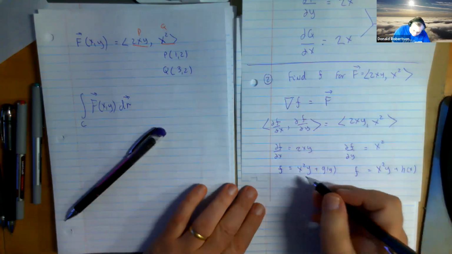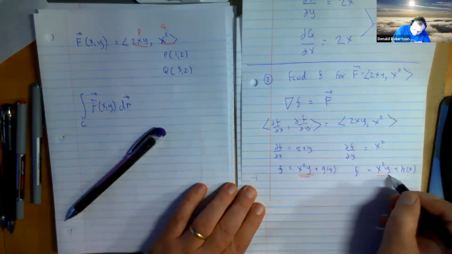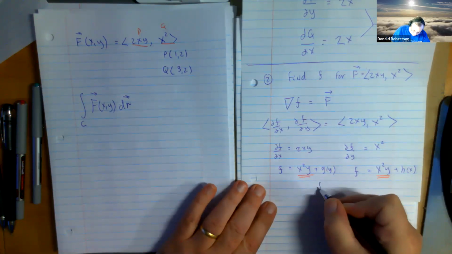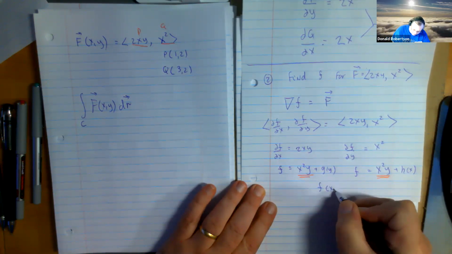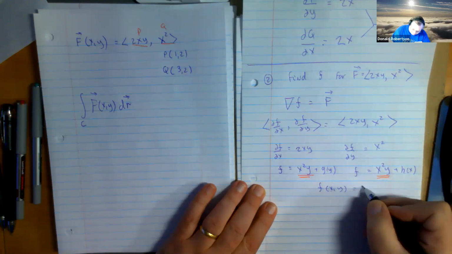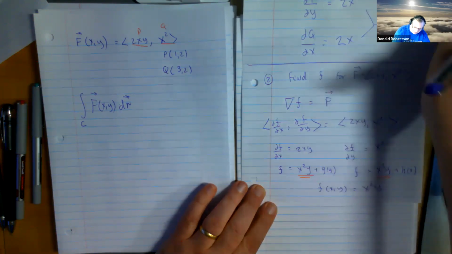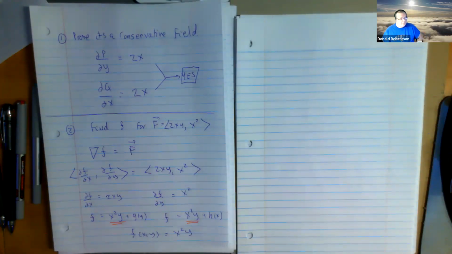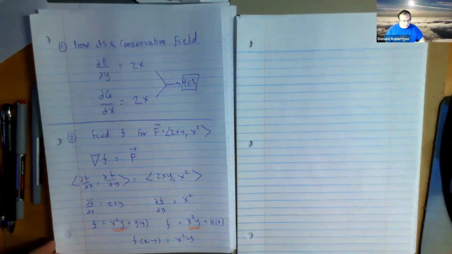And in this case, didn't we get a really easy match? So I now know who f of x is. It's basically just x squared y. So far, so good.